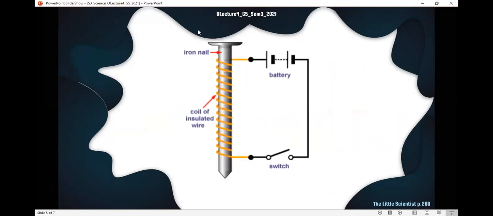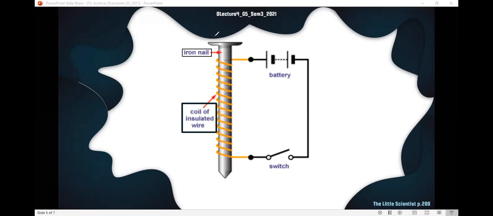To build an electromagnet, you will need a coil and you will need a wire. You will need to coil up the wire around something. There is no need, by the way, to add something in the middle. There is no need to put an iron nail. What you have to do is coil up a wire. You just make coils.